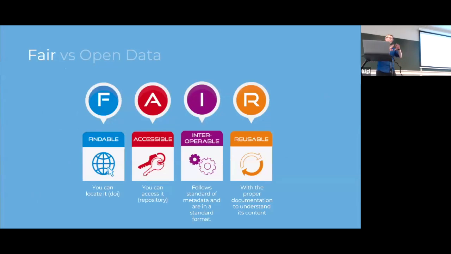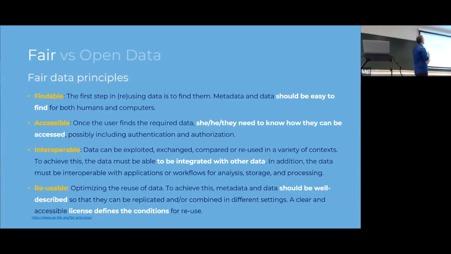So open data, full open access to the data, is not the most practical way in science. So that's why we have the FAIR principle. That means when you share data with others, the data should be findable, accessible, interoperable, and reusable. Findable is the first step, when you want to reuse data. It's easy to find them, and there is the metadata and the data. So it should be easy to find for human and computer. Most of the time, it's based on a website.